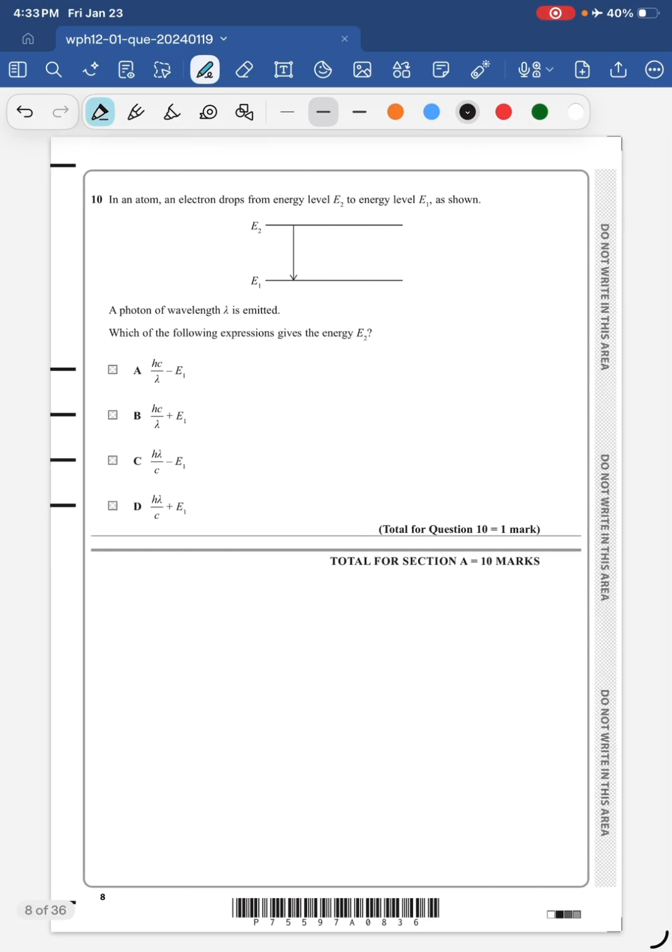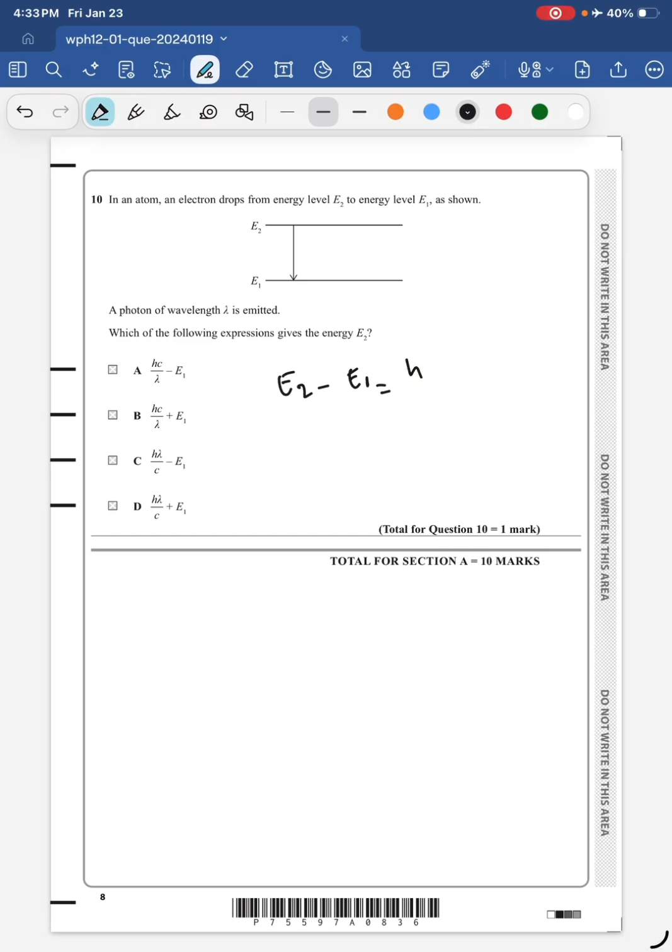Let's move on. Question 10. In an atom, an electron drops from energy level E2 to energy level E1 as shown. A photon of wavelength lambda is emitted. Which of the following expressions gives the energy E2? Okay, so E2 minus E1 gives you a photon of wavelength lambda.